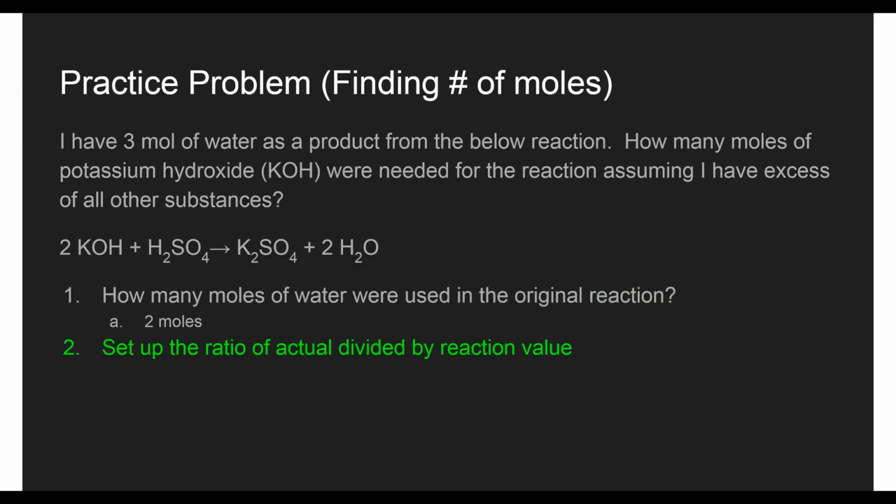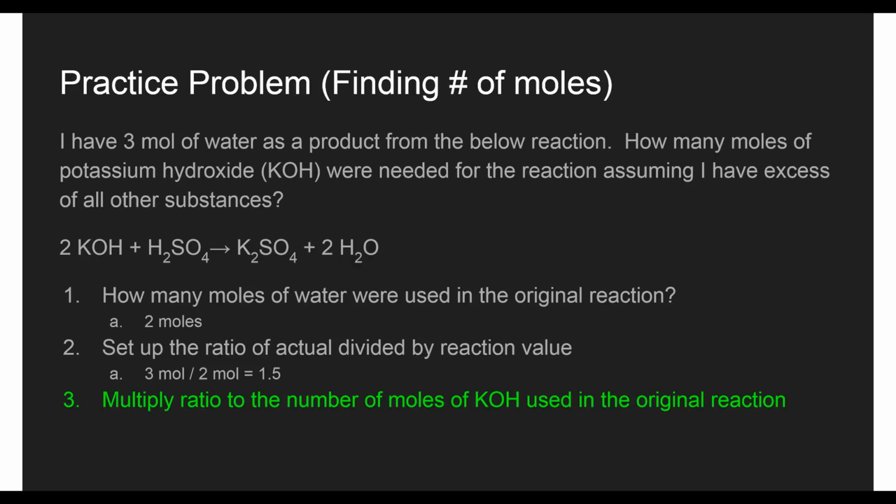So moving right along, we have our 2 moles. Just as before, our step 2 is setting up the ratio of the actual divided by the reaction value. Actual being what we used up here, and our reaction value being right here for our water. We do 3 divided by 2. Those moles, mathematically, will cancel out because they're the same unit being divided, so we're left with 1.5 as our ratio.